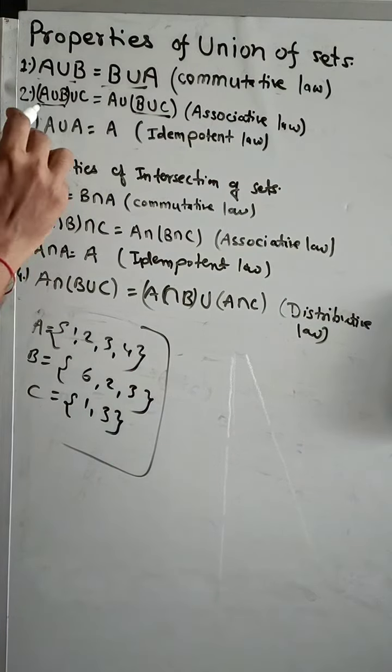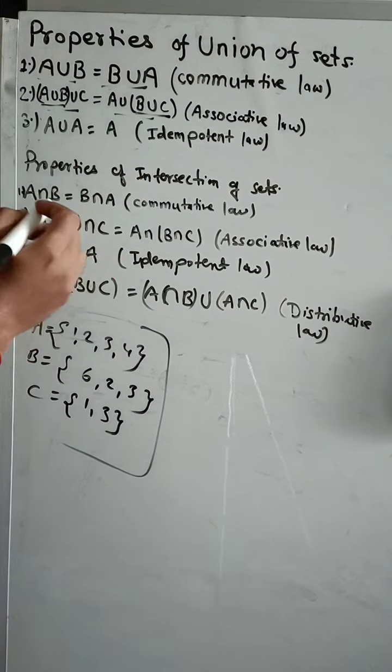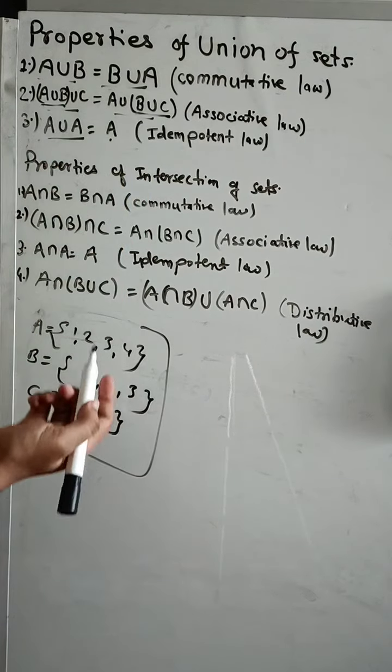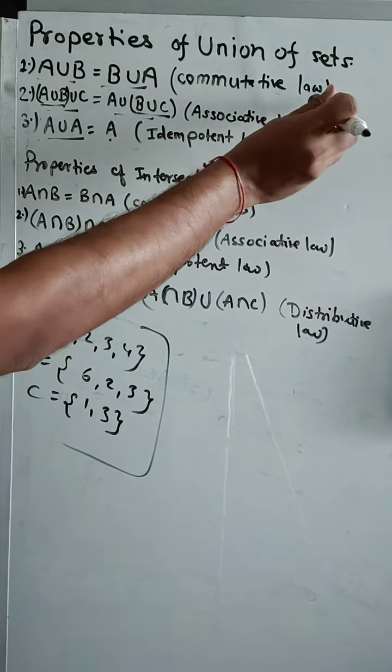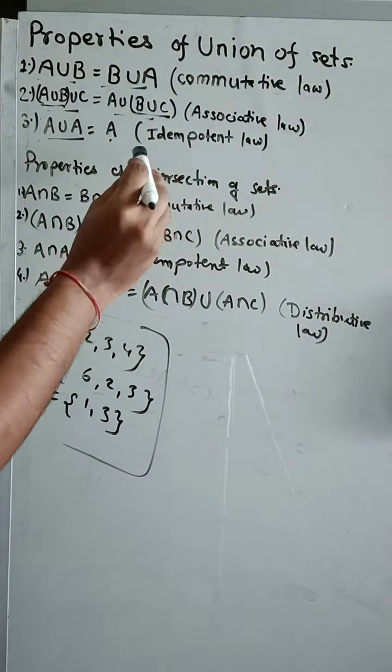Is it equal or not? Do they really satisfy the equations on the left and right or not? That will be your question, and you will also learn this while practicing. You have to remember the commutative law, associative law, idempotent law.